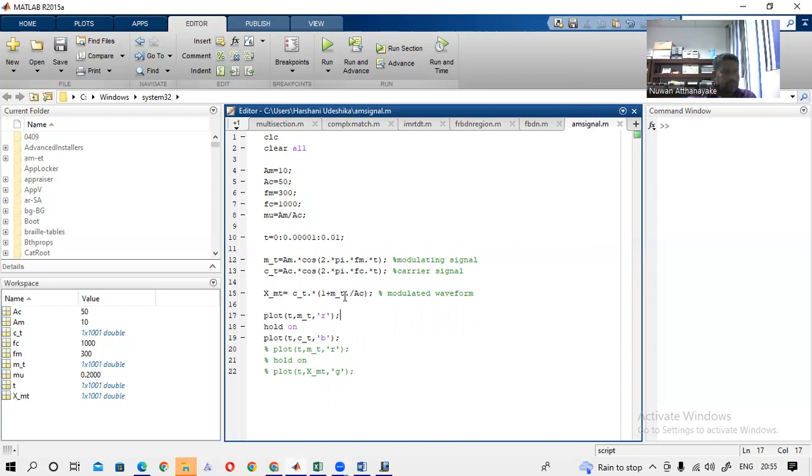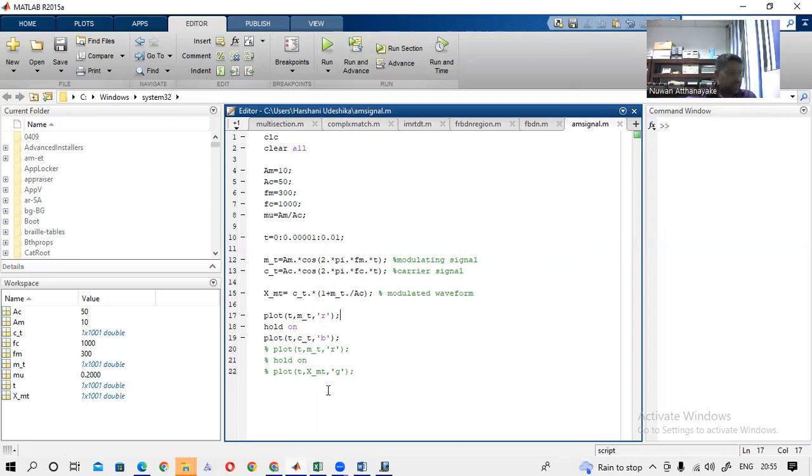I didn't put the mu here, but mu is already here, because m(t) is equal to Am cos(2 pi fm t). That means Am divided by Ac is there, that means mu is there, so mu m(t) is there. And c(t) has this Ac value also, so you have Ac cos(omega_c t) also. So this is the correct way to write the signal.